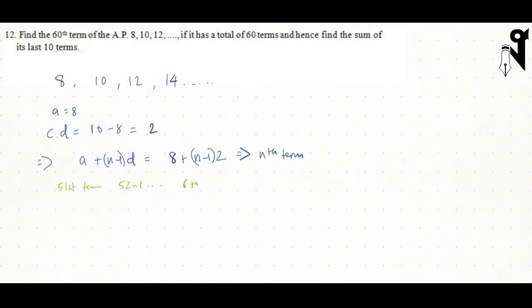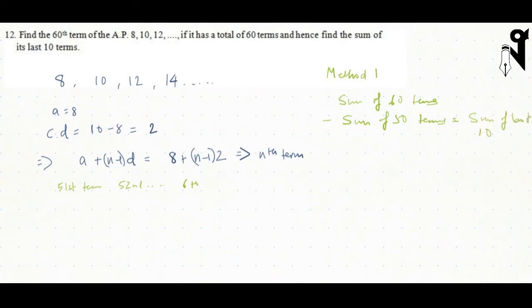Method 1 is to find the sum of the first 60 terms minus the sum of 50 terms. This is basically equal to the sum of the last 10.